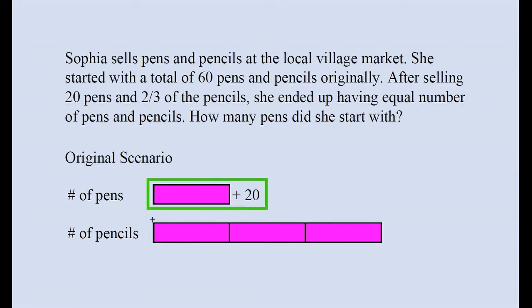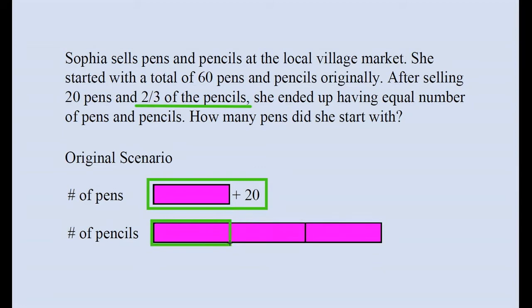Okay, and this one is a little more tricky, but we'll discuss it. If somebody sells 2/3 of the pencils, she will be left with 1/3. So if this is 1/3, this is 2/3, this is 3/3. So that makes sense.